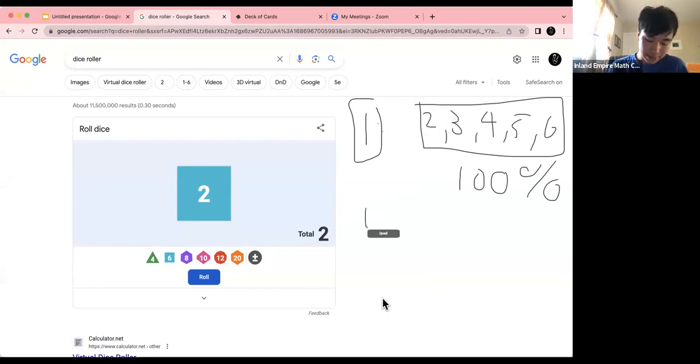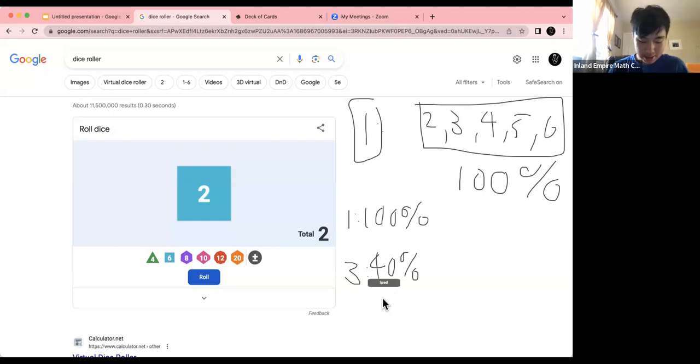So we have a 100% chance for 1, that it's going to be bigger, and a 40% chance for, sorry, that's for 4.